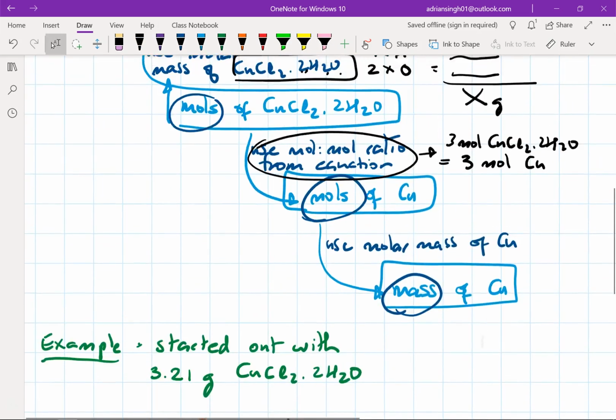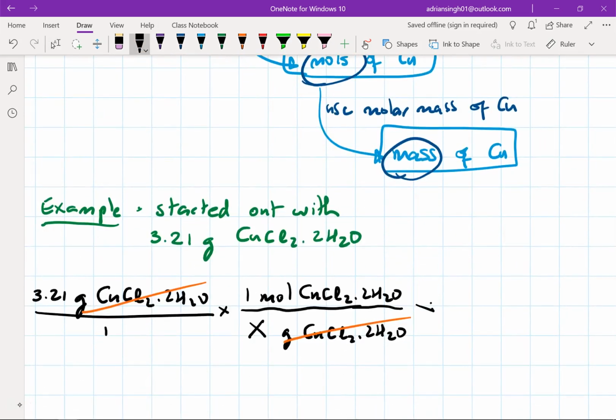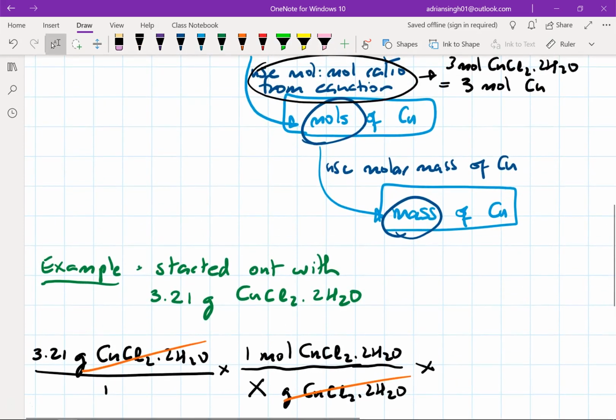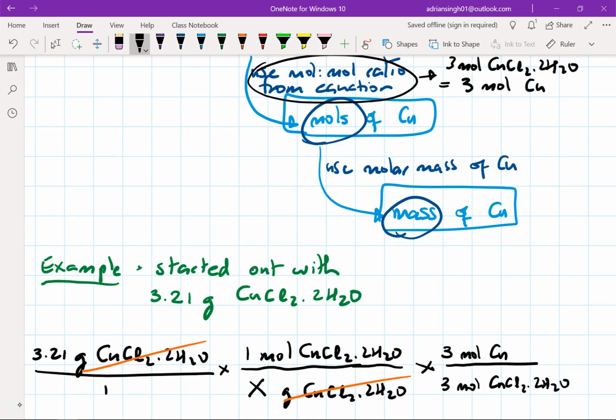So I'm going to use that as my conversion factor now. If I want to end up with moles of copper, I'll put the 3 moles of copper on top, and that's for every 3 moles of the copper chloride underneath. So the moles of the copper chloride goes away, and the 3 and the 3 also cancel, so that just ends up being 1.